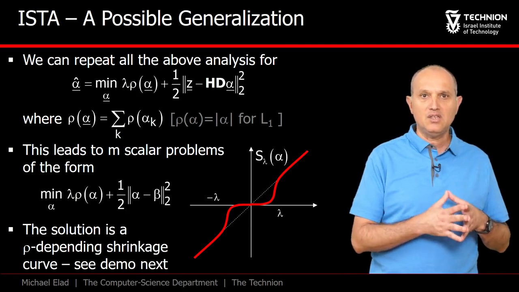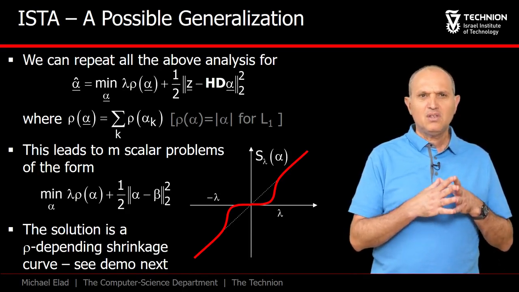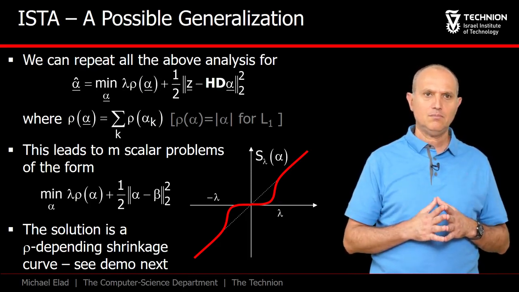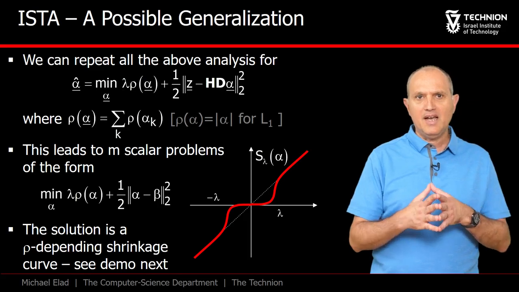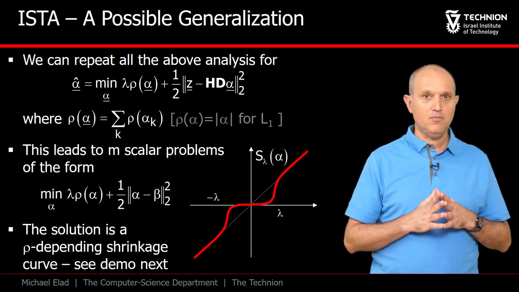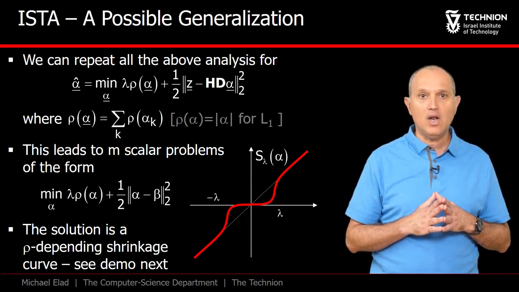The function rho dictates what kind of curve we get in the shrinkage, but all tend to zero small entries and leave large ones almost intact. The demo we present next shows these curves and how they are obtained. We do emphasize, though, that if rho is not convex, then the resulting ISTA will give only a local minimum solution.